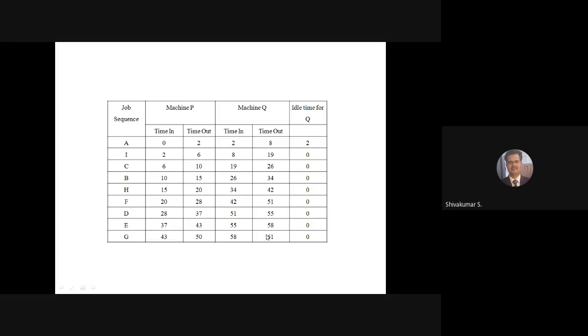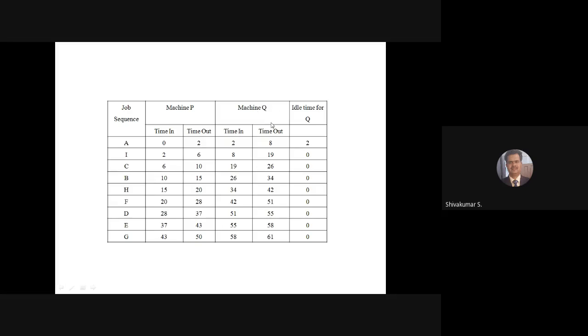So now 61 minus 50, 11 minutes becomes the idle time for machine P. All jobs get over after 61 minutes, so machine P is going to wait till all jobs get over.